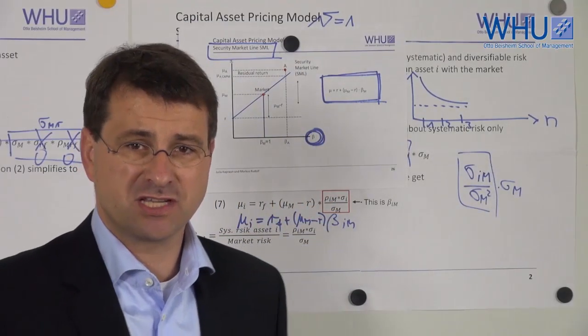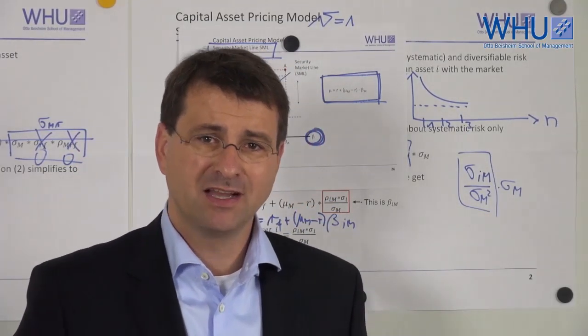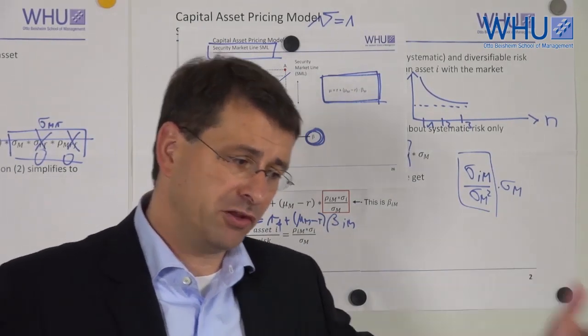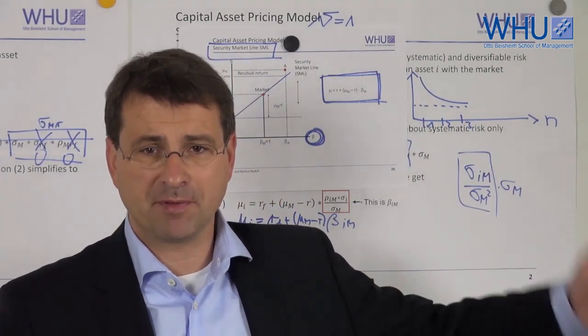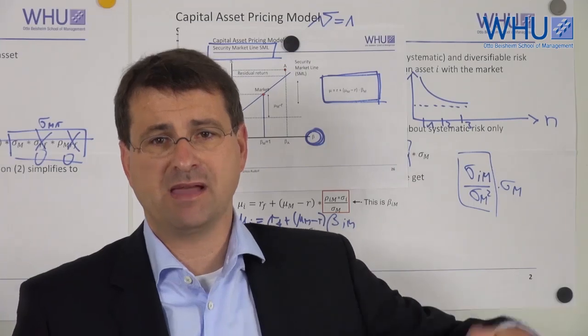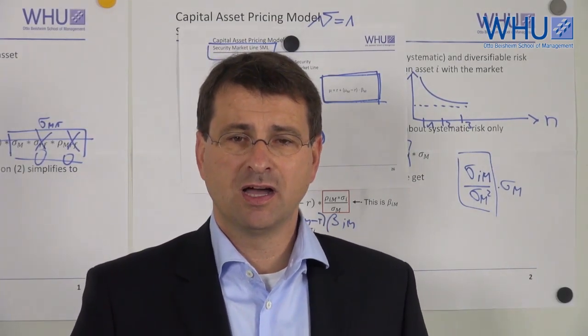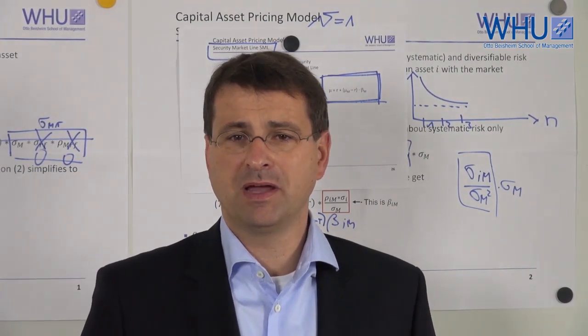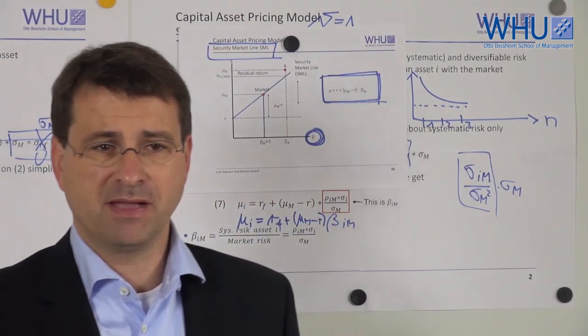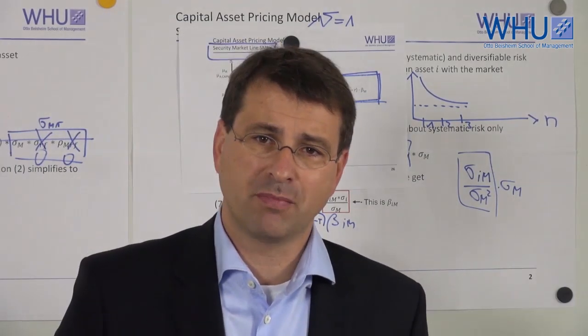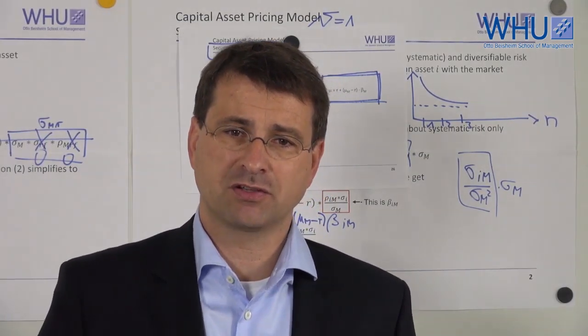And all of those researchers have been rewarded with the Nobel Prize for developing portfolio theory of Markowitz, the capital market line of Tobin, and the CAPM of Sharpe, Lintner, and Mossin. That is a comparatively easy derivation of the CAPM, one of the most important milestones in financial market modeling.